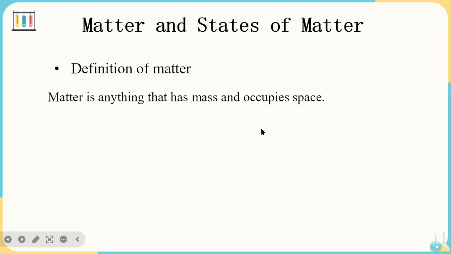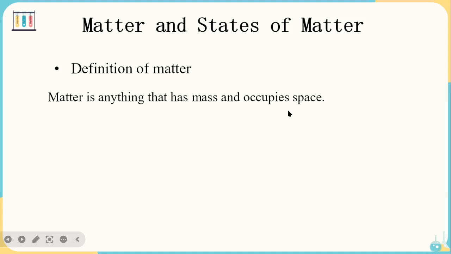So by that definition, you are basically talking about everything in life, whether it is air, stones, food, anything that occupies space is matter. As long as it is taking up space, it exists. So that is how we define matter. Matter is anything that has mass and occupies space.